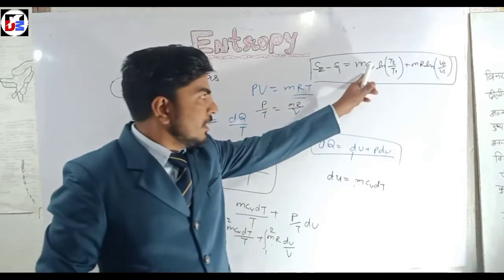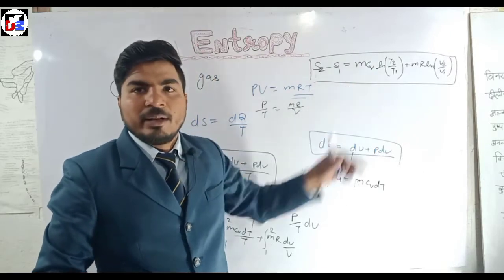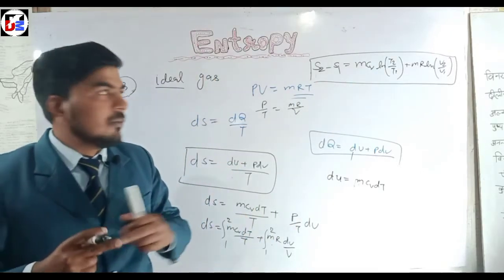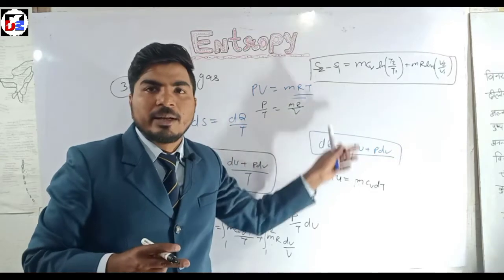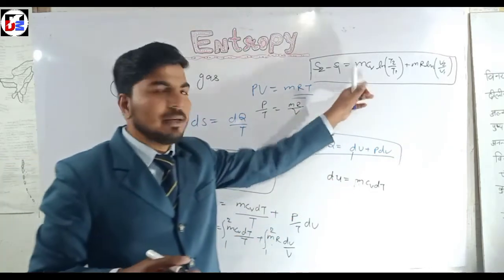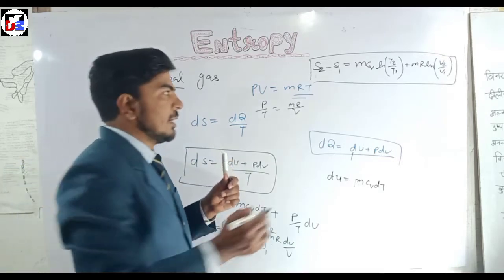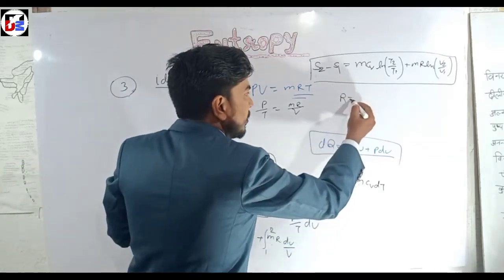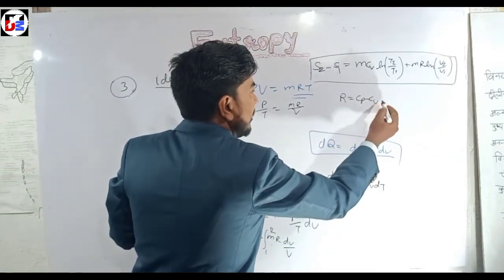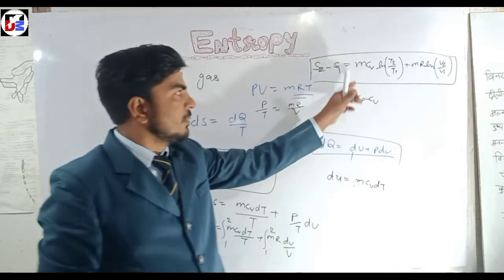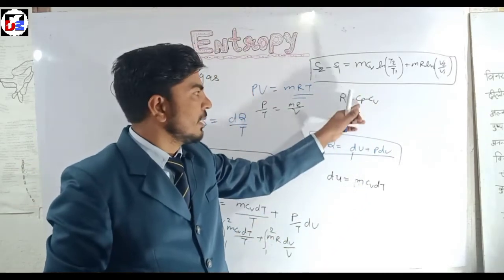Here you can see that there are two values of specific heat in the gaseous form, because Cv is the constant volume specific heat, and you can also write R is equal to Cp minus Cv. Then putting this value you get it in terms of Cp.